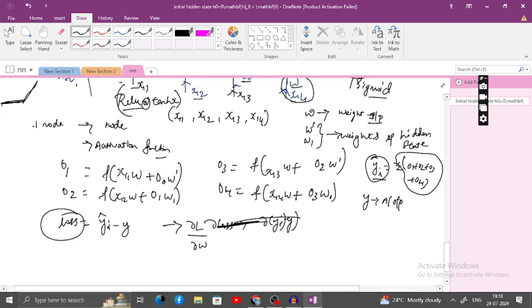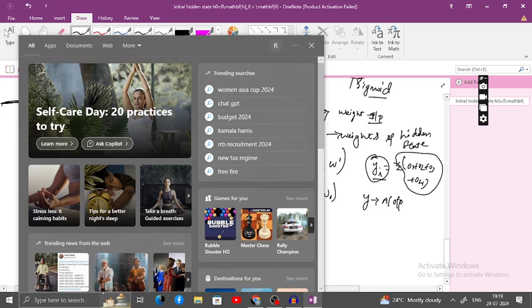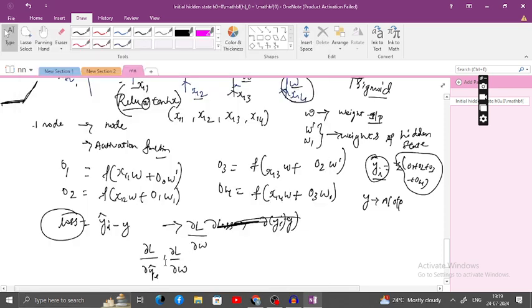Also, this loss has to be differentiated with respect to the output of the model, yi hat. Loss has to be differentiated with respect to weight because you need to update the weight, and it also has to be differentiated with respect to the output. That also has to be updated.